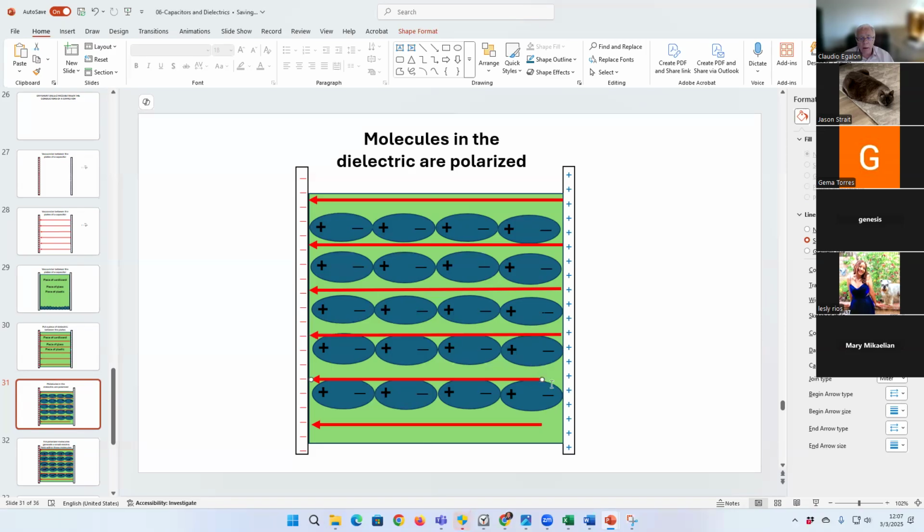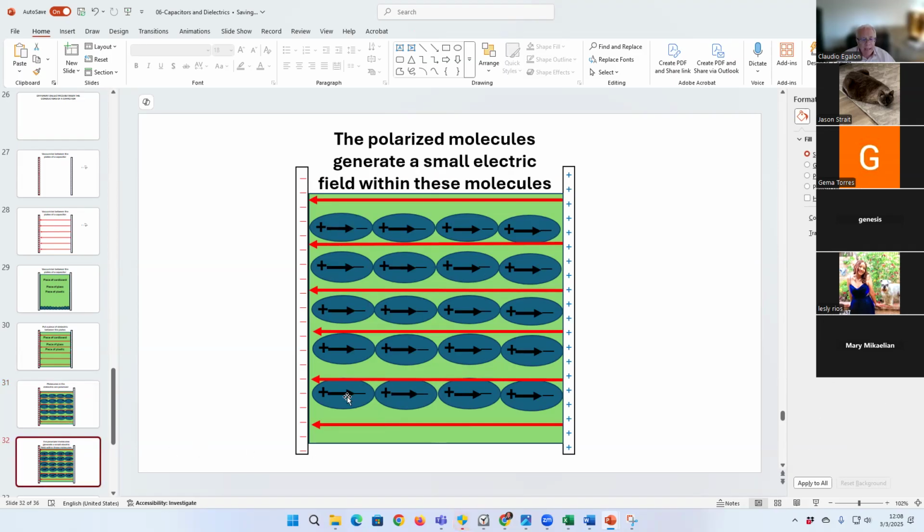If you have this electric field of the capacitor going from the right to the left, you are going to end up getting another electric field from the left to the right, but inside each of the molecules.